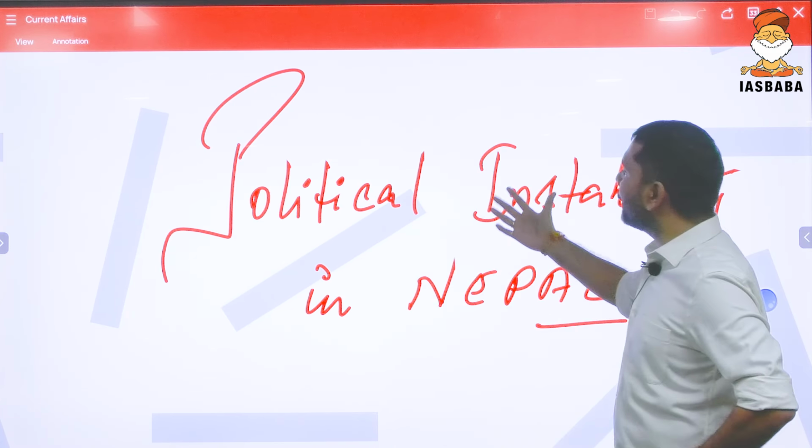And for that matter, Shyam Saran Sahab says that India should sign any treaty that Nepal is willing to negotiate. You are getting my point? This is also really very important.